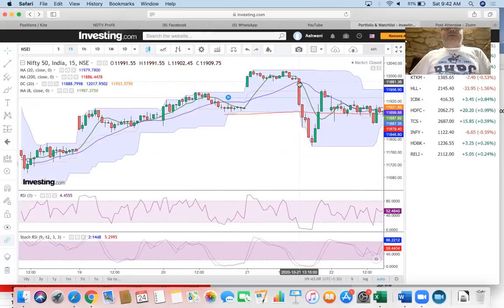So the moment you had this huge candle go through 11,950, that was an indication that you could have taken that short trade. Now the interesting thing is this 11,760.